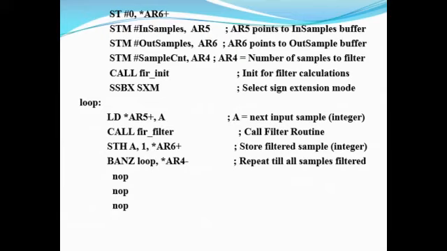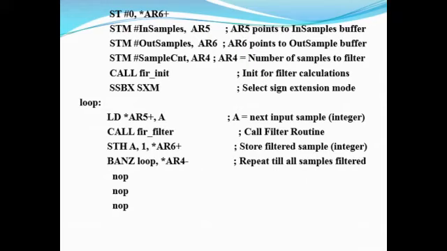Here we are using call filter initialization. This is the label I have used for a subprogram or a subroutine. Whatever we have written as a subprogram, we are calling it in the main program using the CALL instruction. Then select sign extension mode. This is the instruction we used in module 3, so a sign extension can be used.